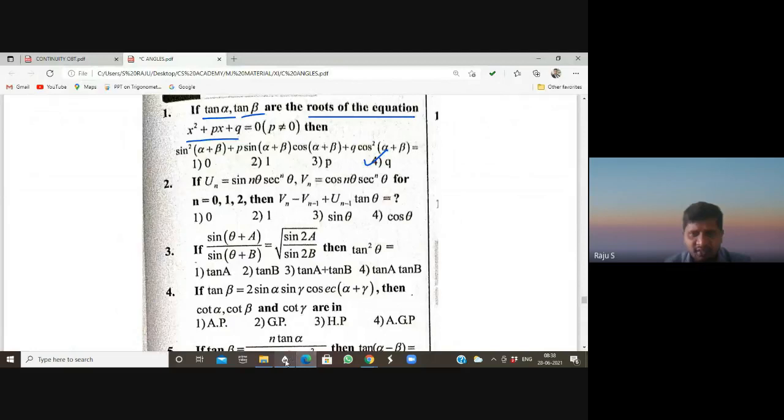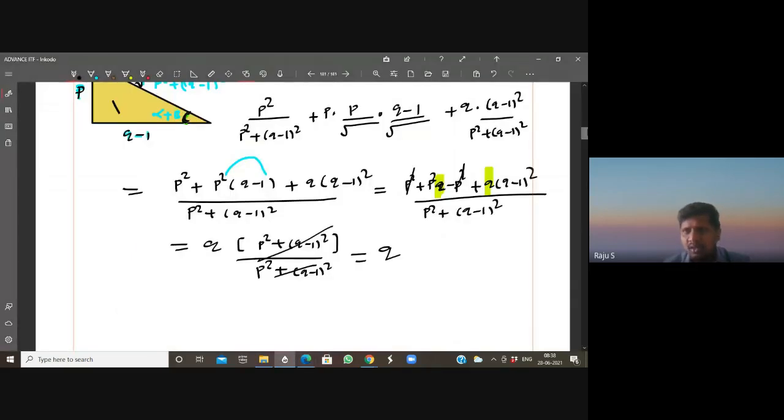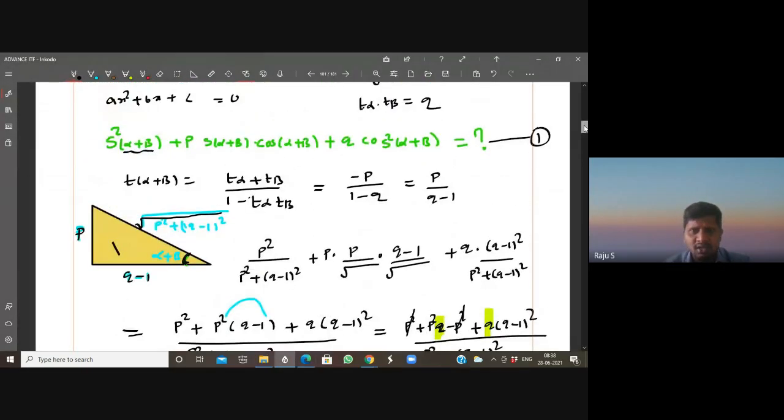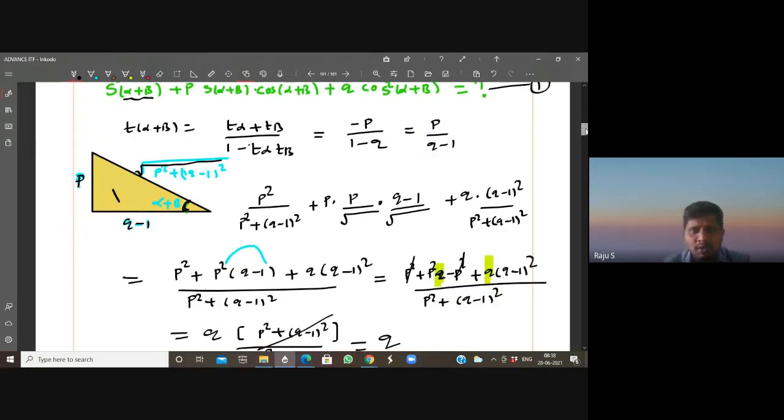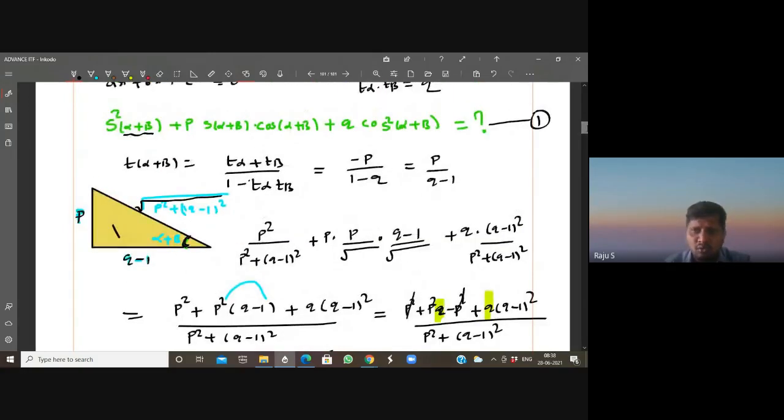Is it difficult? With the help of those conditions, I found the tan alpha plus beta value, that is tan alpha plus tan beta by 1 minus tan alpha tan beta. I substituted with the help of a right angle triangle, but in the solutions I gave it a different way. Whatever procedure you want, you can go through that. This is easy.